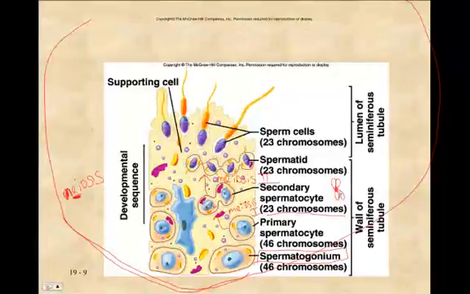So this chromosome is going to match this one. And so when we go through meiosis 2, each of the cells is just going to have one individual chromatid, because remember, these are technically called sister chromatids. So each one of these cells will only have one chromatid, or one copy of each chromosome.